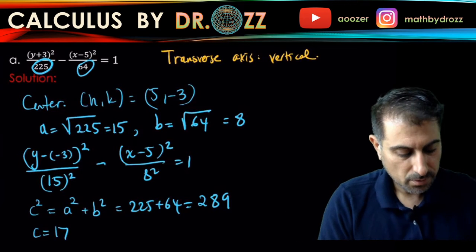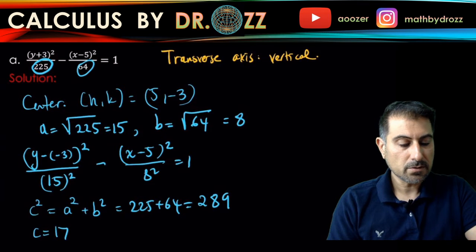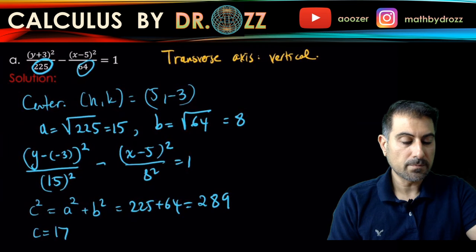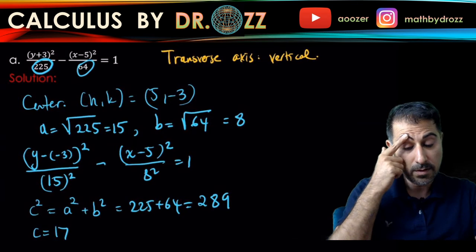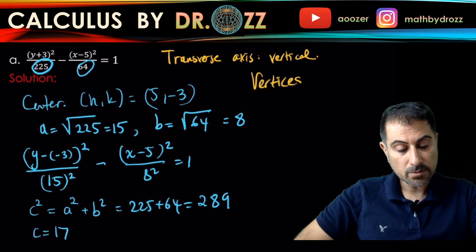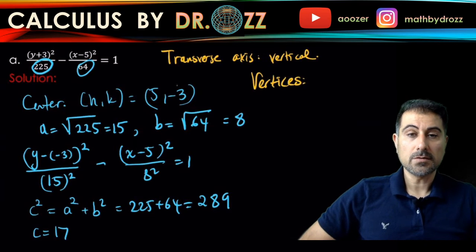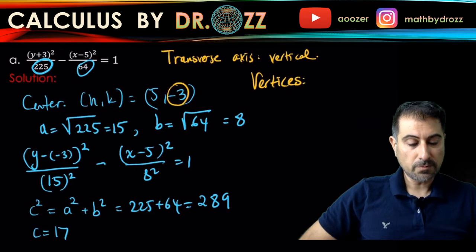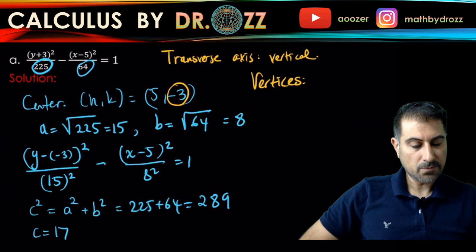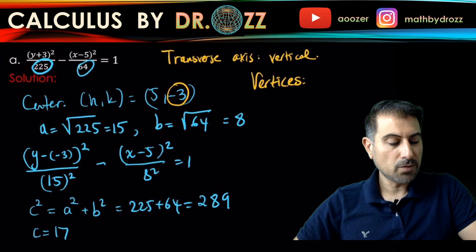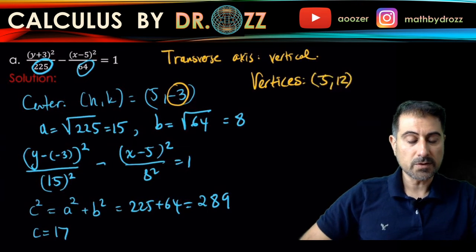Let me write down the center here. We're adding 15 and subtracting 15 to get the y coordinates of the vertices. So 5, 12, and 5, -18 are the coordinates of the vertices.